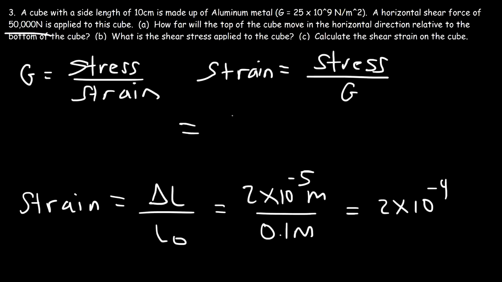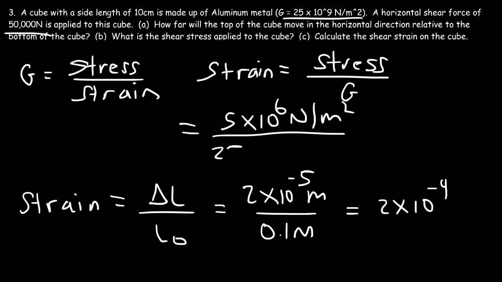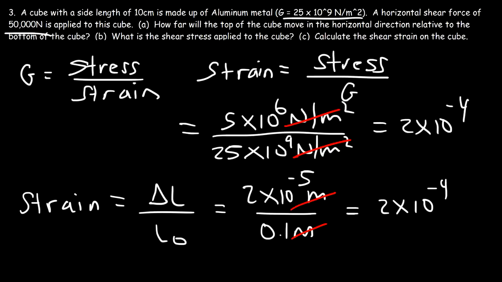And the shear stress was 5 times 10 to the 6 newtons per square meter, and the shear modulus is 25 times 10 to the 9 newtons per square meter. So as you can see, the shear strain is unitless. So this will give you the same answer of 2 times 10 to the minus 4.